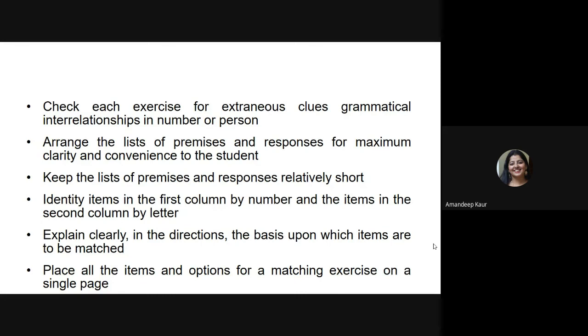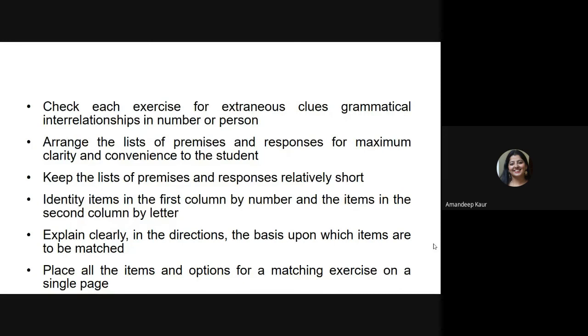And even when we are designing these type of items and giving them in the final question paper of the student in print form, we need to consider that the matching type of exercise needs to be on a single page only, so that it is easy for the student to map between premises and responses without wasting time.